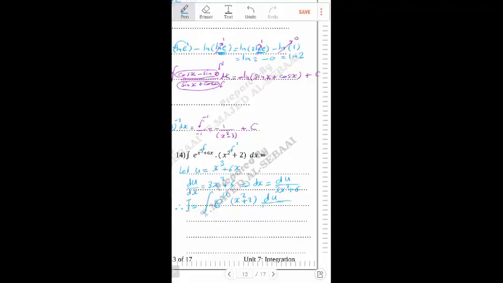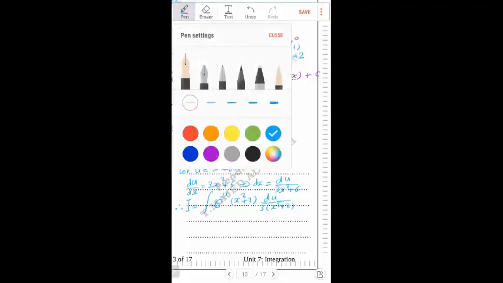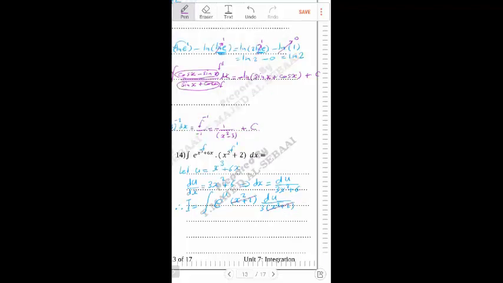I can take 3 as a common, so it's going to be 3 out, then x squared plus 2, right? Why did I do that? So I can cancel this with this. What do I still have? I still have only this 3, which is down. I will take it out.